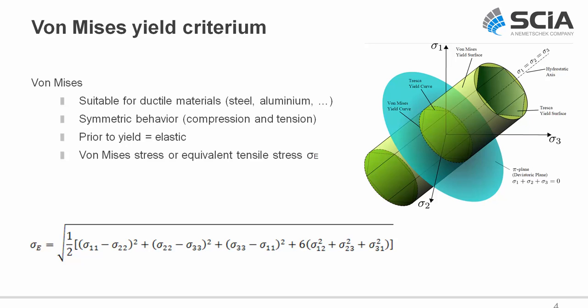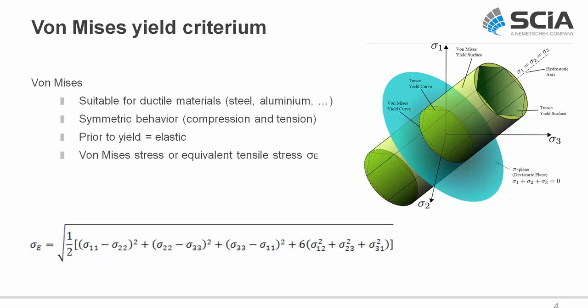And this one is suitable for ductile materials in general, such as metals, being, for example, steel or aluminium. It is symmetric behavior, meaning acting in the same way in tension as in compression, with or without any hardening in the plastic branch. As mentioned before, more types of plastic behaviors will be added in future versions. Of course, prior to yield, material response is assumed to be elastic.